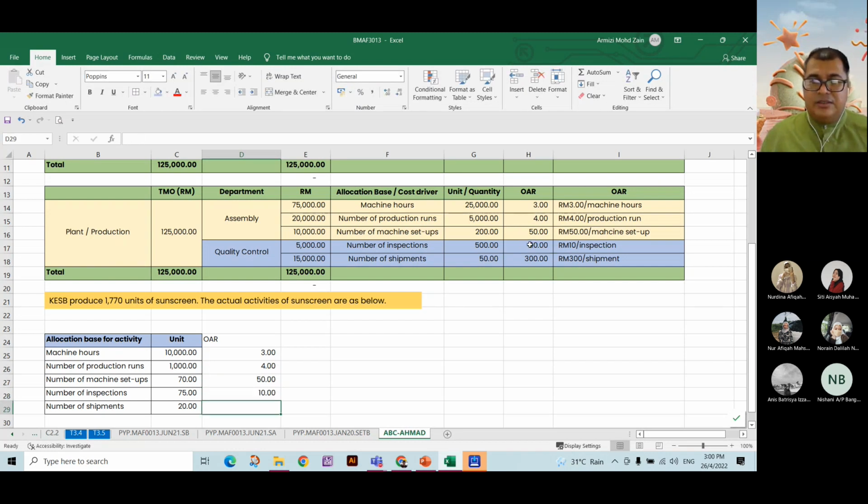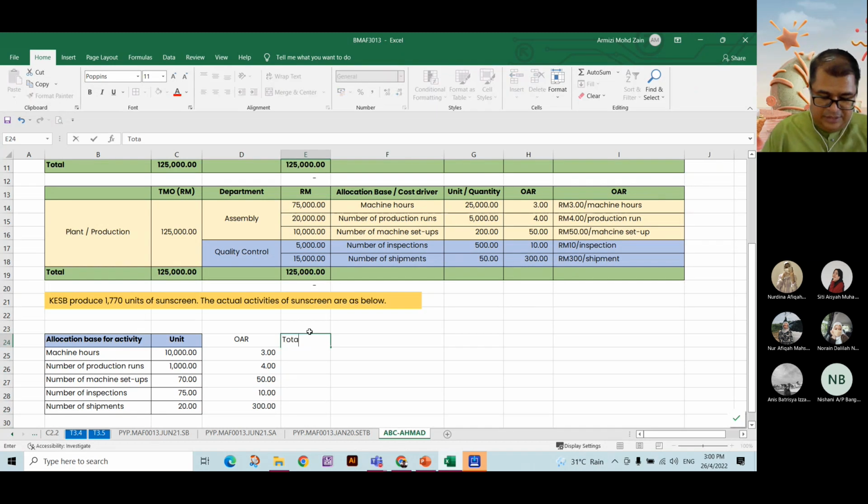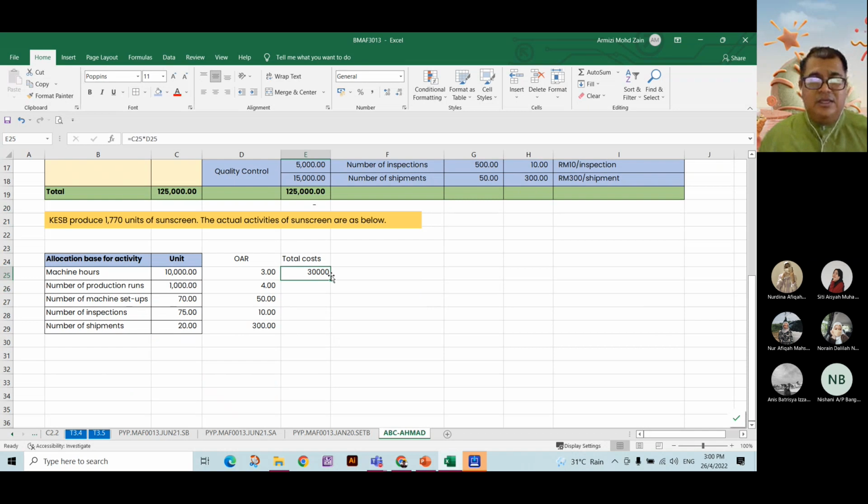Inspection, this one. Shipment, this one. These are the OARs. Okay, and the total cost we charge here. So this is clear: 10,000 added with 3.